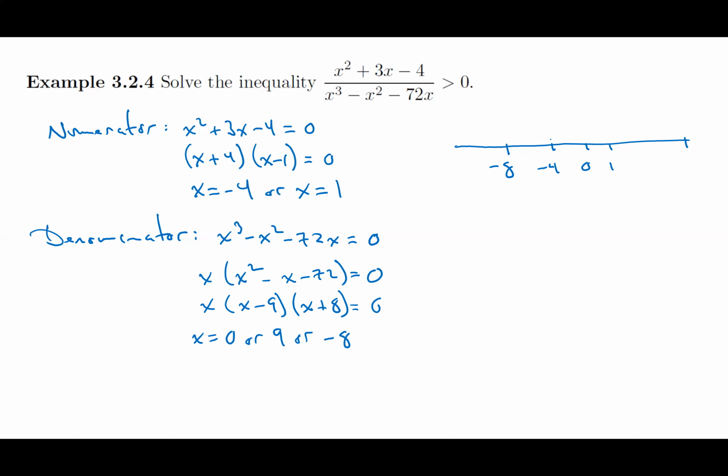And so what we're going to do is look for sign changes. And so I'm going to take a test point. And one of the nice ways to do this is you can actually take this rational function and write it in factored form. I think what that does for us is it lets us just take advantage of rules of signed numbers. So I'll show you what I mean by that here.